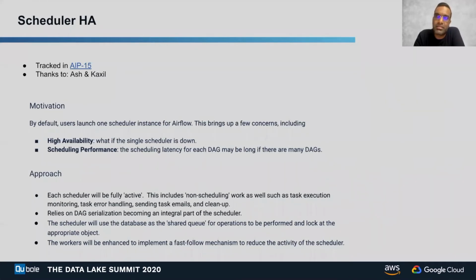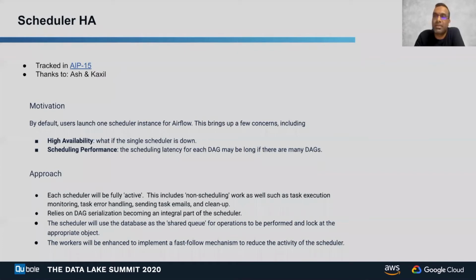But it poses lots of concerns when you are running in a production environment. The first one is high availability: what happens if the one scheduler goes down? And the second is scheduling performance, because when there are too many DAGs, let's say hundreds and thousands of DAGs, the latencies will increase, and everything will start taking more and more time.